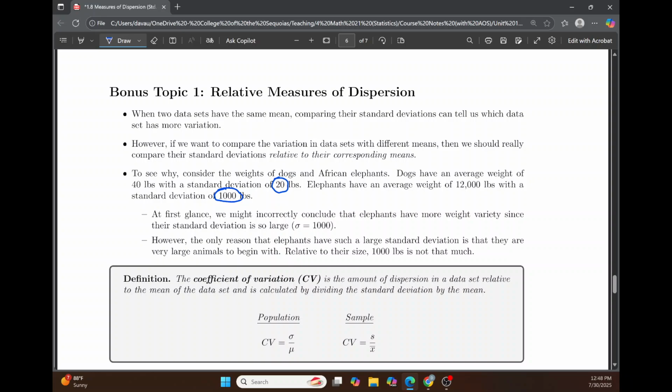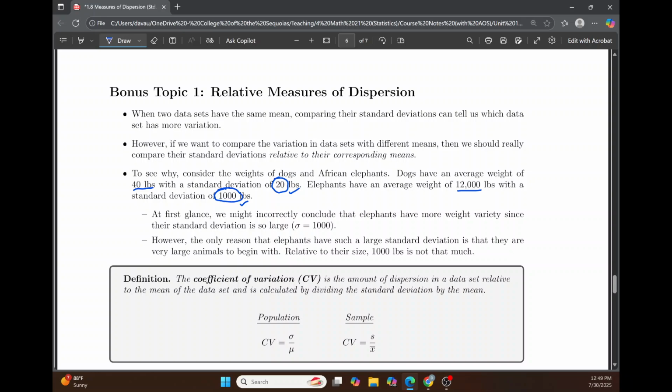Relative to their size, 1,000 pounds is not all that much. If an average elephant is 12,000 pounds already, then a standard deviation of 1,000 pounds isn't very much. Whereas for a dog, where the average weight is only 40 pounds to begin with, a standard deviation of 20 pounds is huge. Their standard deviation is half of their average weight, which is a lot of variety relative to their size.